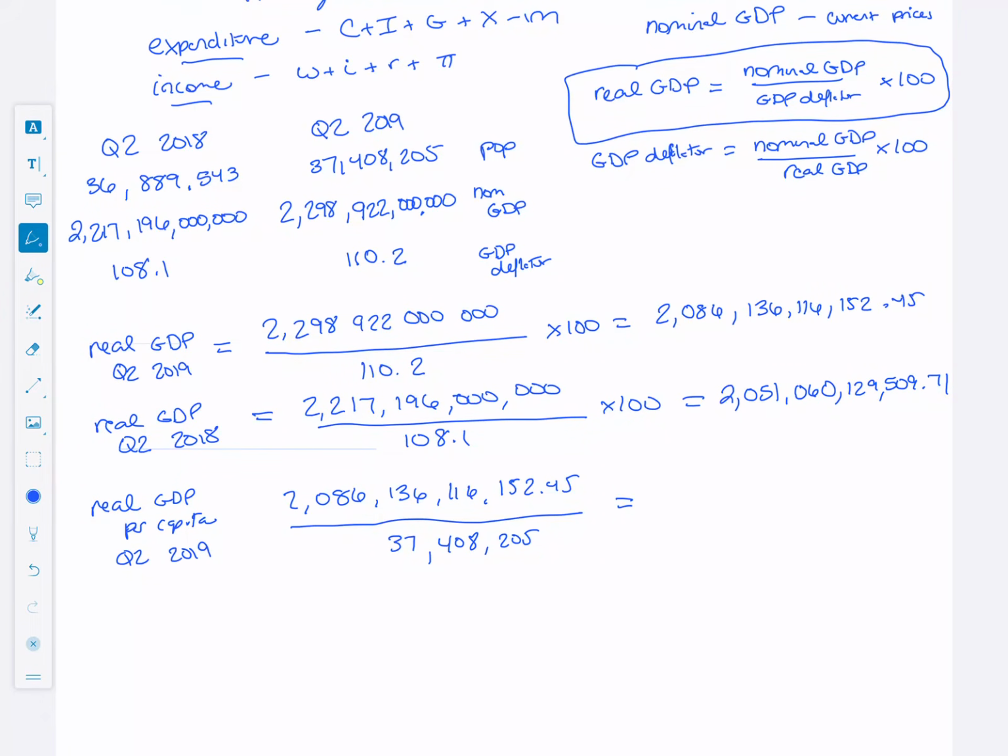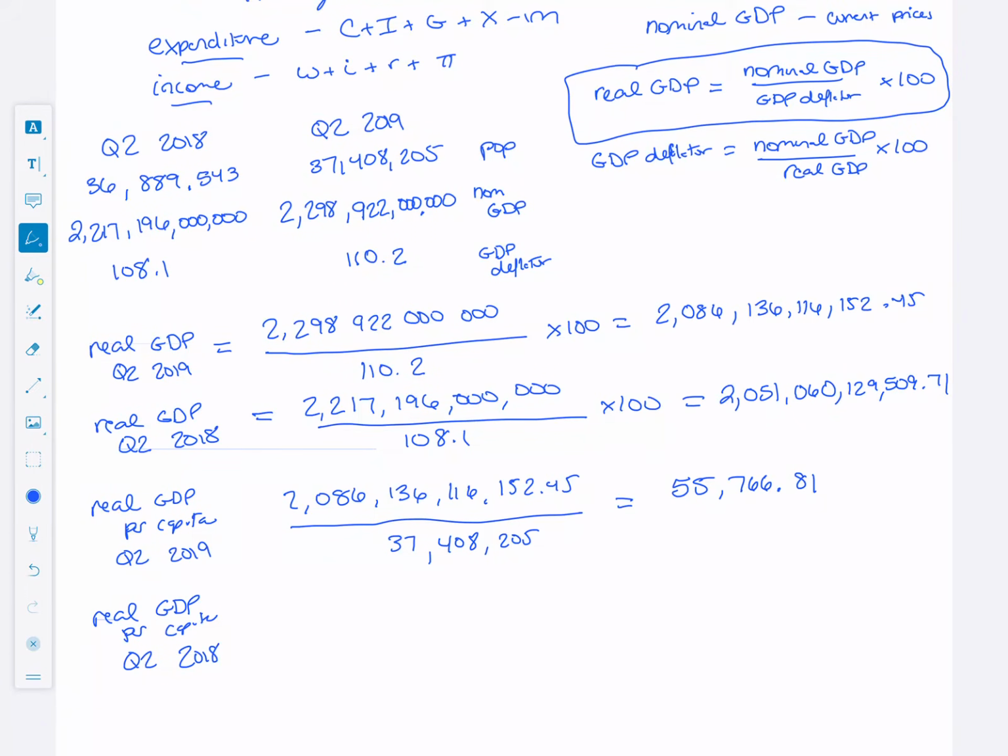So real GDP per capita for the second quarter of 2019 is $55,766.81. We're going to do the same thing, real GDP per capita for the second quarter of 2018.